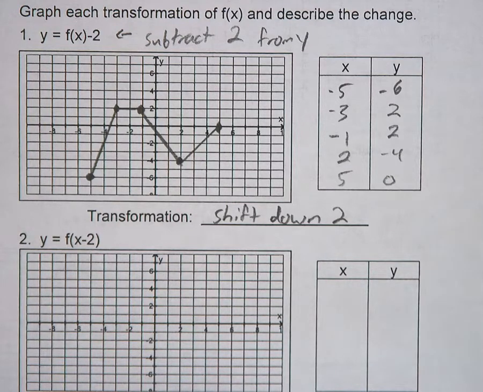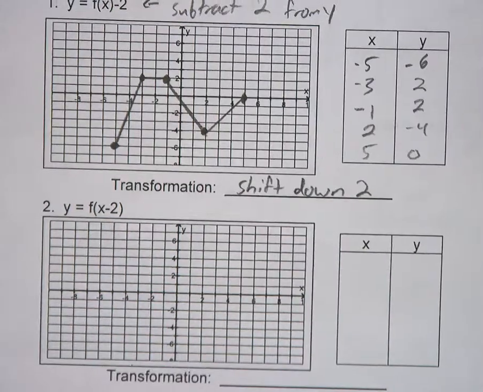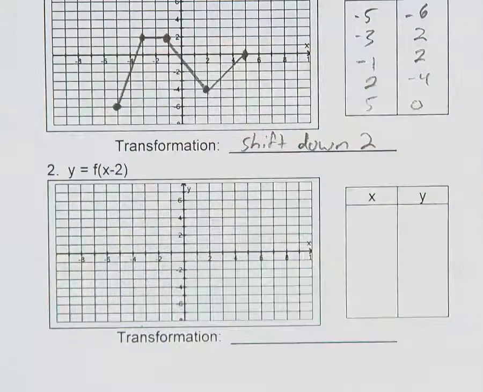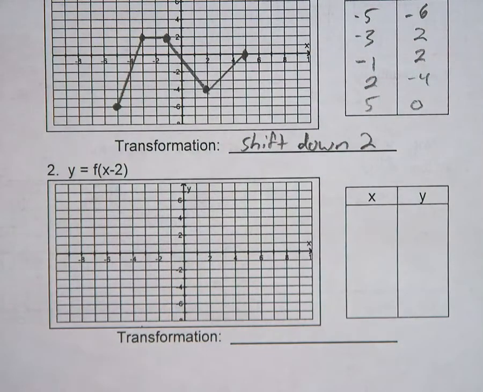All right. Now I'm going to start something here that you're going to hear me say time and time again. On number 2, we have y is equal to f of x minus 2. Your first instinct is going to be to take all your x's and subtract 2, but that is not the case.